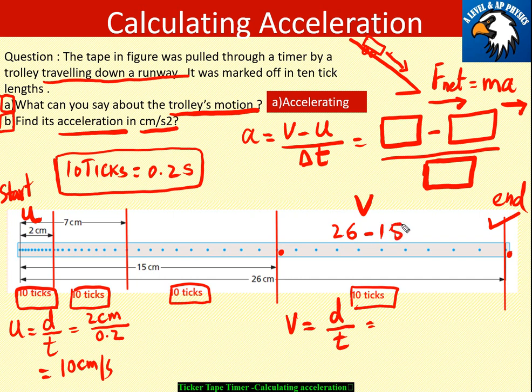So displacement here is equal to 11 centimeters. So we simply write down 11 centimeters divided by 10 ticks. 10 ticks means total time is 0.2 seconds. And if we solve this one, we will get 55 centimeters per second. So now we have u and we have v now. The value of v we have got is equal to 55, and u is 10.